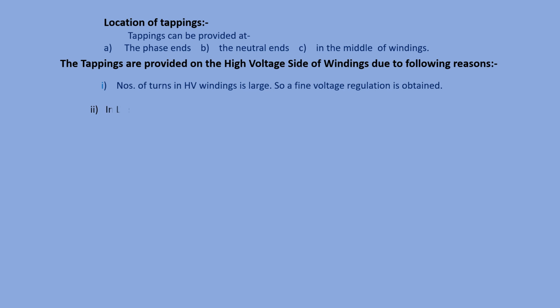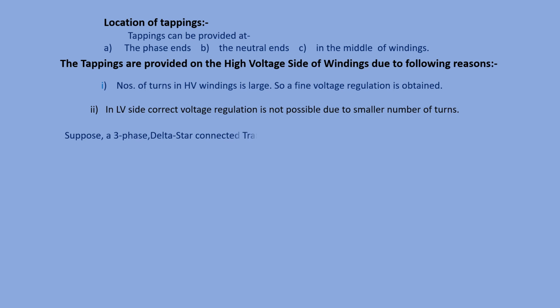In the LV side, correct voltage regulation is not possible due to the smaller number of turns. Suppose a 3-phase delta-star connected transformer of 6.6/0.4 kV is designed for 11.55 volt per turn. Voltage per phase on LV side equals 230 volt.